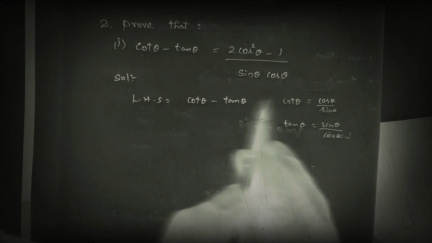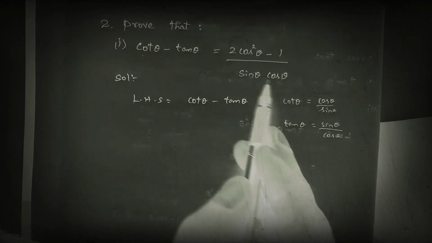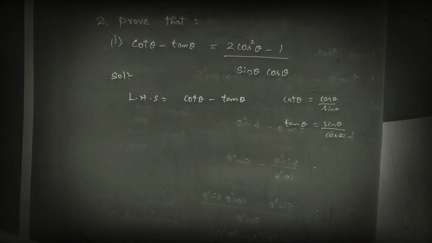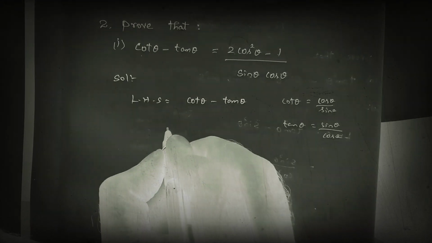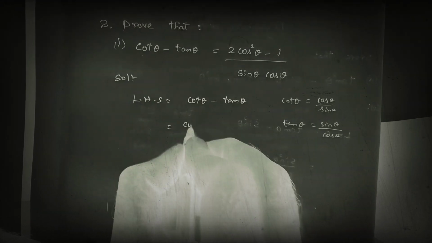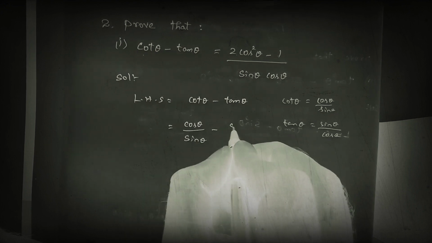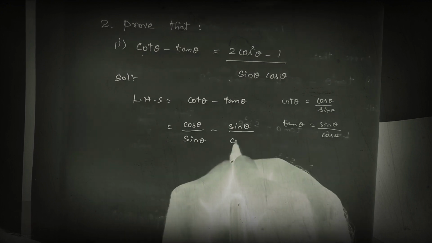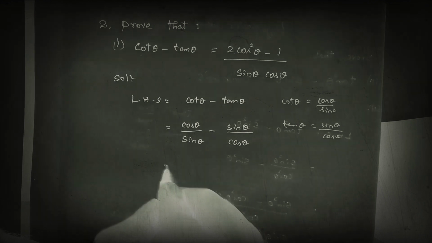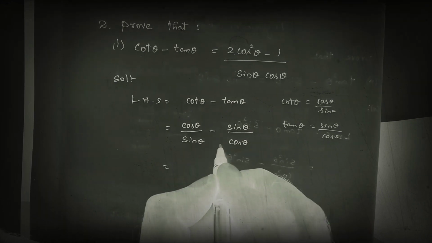Why? Because the RHS is in the form of sin and cos, so if we convert, it will be easy to simplify. So cot theta is cos theta divided by sin theta minus sin theta divided by cos theta. Now it is in the form of fractions. Just do the cross multiply.